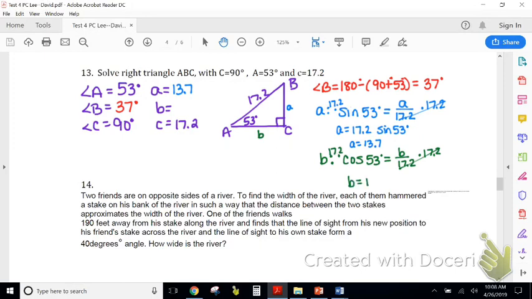And so side B equals 17.2 times cosine of 53 degrees, which is, all right, and so we said we got what? 10.4? All right, so 10.4. My angles all have degrees. My sides, they did not give me labels, so there is our solution.